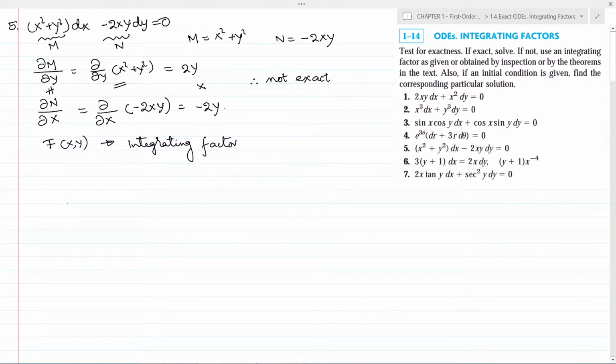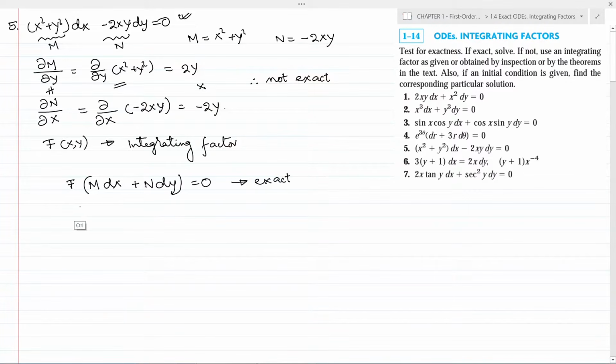Now, if f of xy is the integrating factor, then multiplying this f with the original ODE will give us an exact equation. That means, if we multiply f with M dx plus N dy, this will give us an exact differential equation.